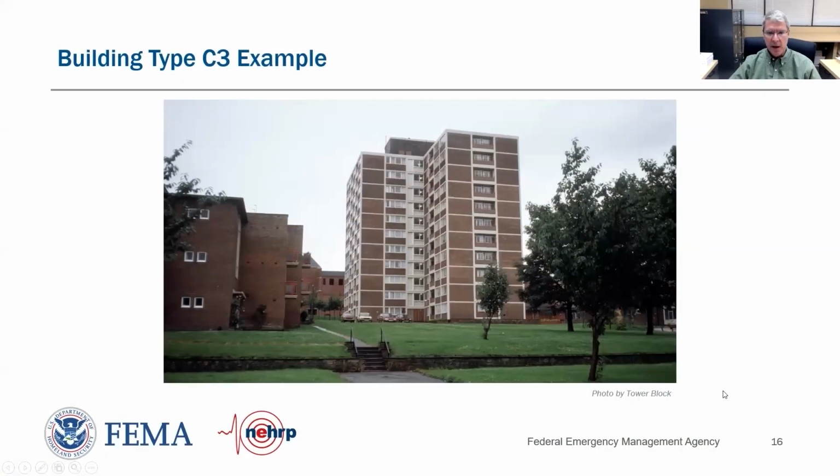And so here's a real good example of a C3 concrete moment frame with URM masonry infill walls. You can clearly see the columns and the beams that are the color of concrete. And then you have the masonry infill, which is the color of brick, red, and infilled right between the columns and the beams. So very clearly evident this is a C3 building type.